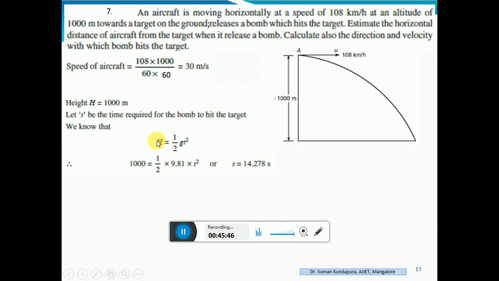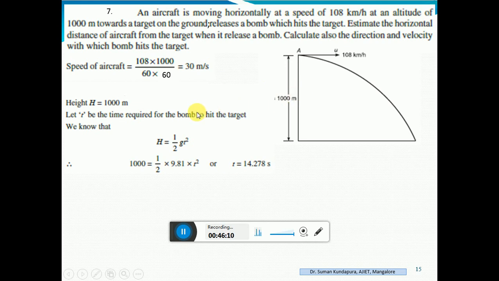Time is unknown over here. They have given you that it is at an altitude of 1000 meters from the ground. So h is 1000 meters.